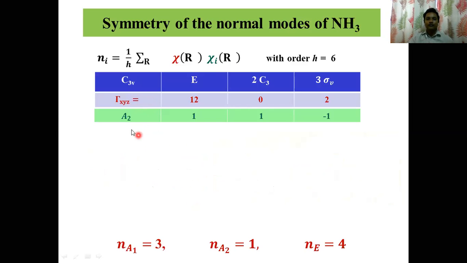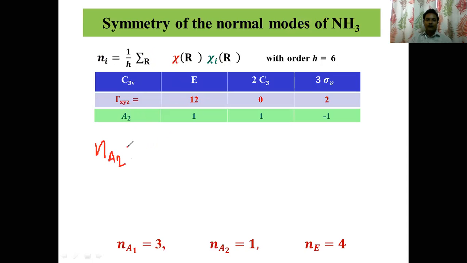Now let's do it for A2. This is the Cartesian set, this is the total reducible representation. Now I want to find out how many A2s are going to be appearing in this, right? This is the reduction formula that we know from the previous class. So I want to find out the number of A2 in this.